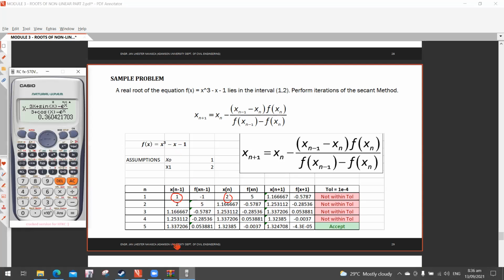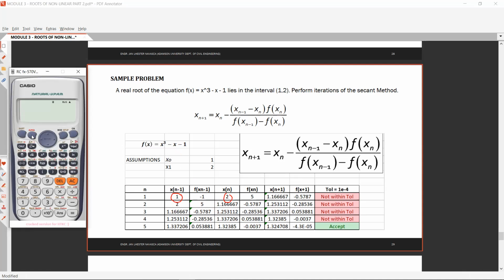So get your calculator, pasok lang natin yan. You have x cubed minus x minus 1, you have at x equals 1, you have negative 1, okay? And at x equals 2, you have positive 5, okay?